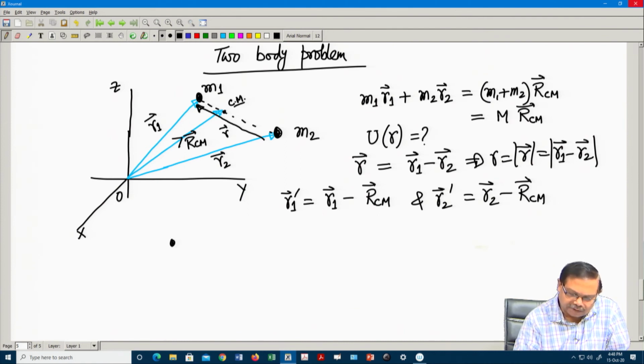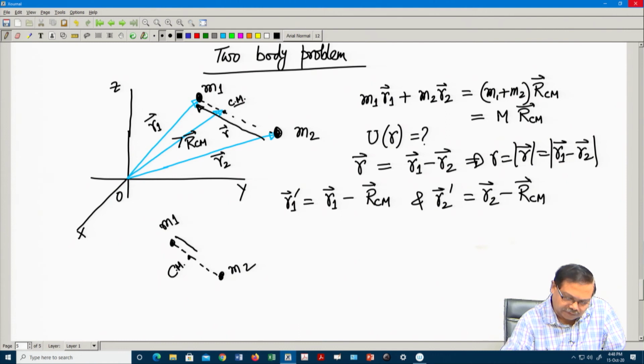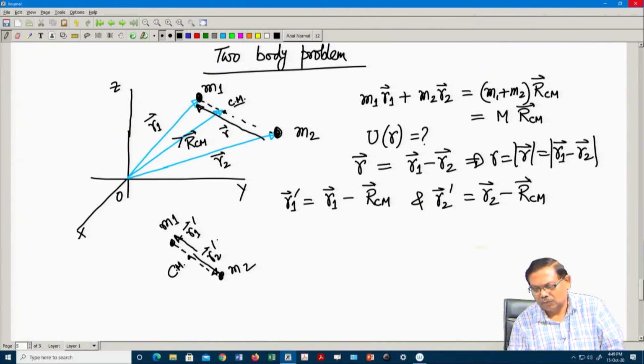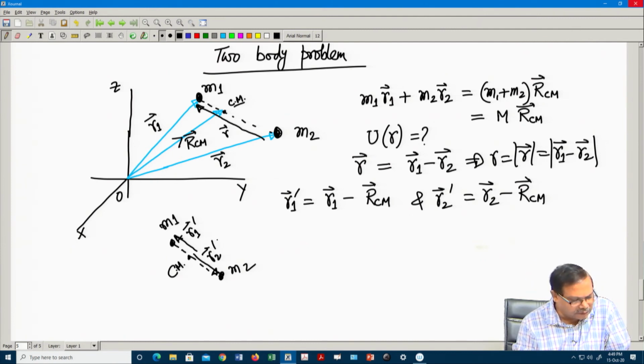Let us say this was the first mass and this was the second mass, m1 and m2, and on the line joining the two masses there was a center of mass somewhere here. So, this is r1 prime and this is r2 prime. So, that is what is done here.